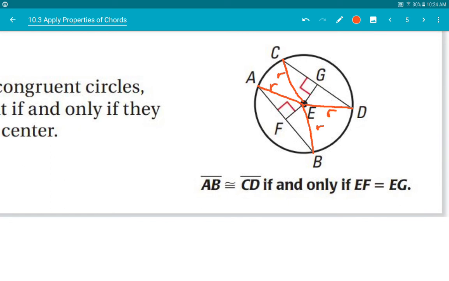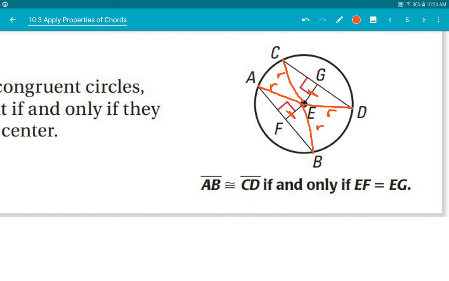So we have that much information in terms of the triangle. We just need another piece. Well, I know that they're equidistant, so this segment is congruent to this segment, right? So that gives me a hypotenuse and a leg for these right triangles.